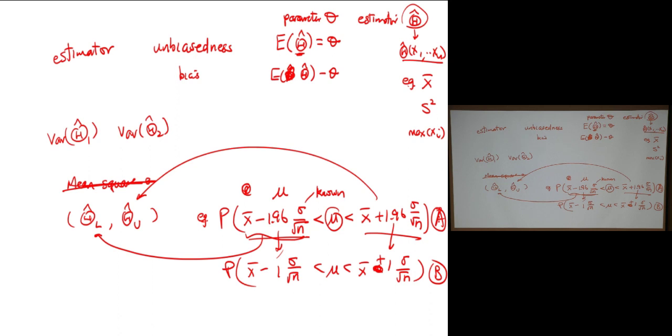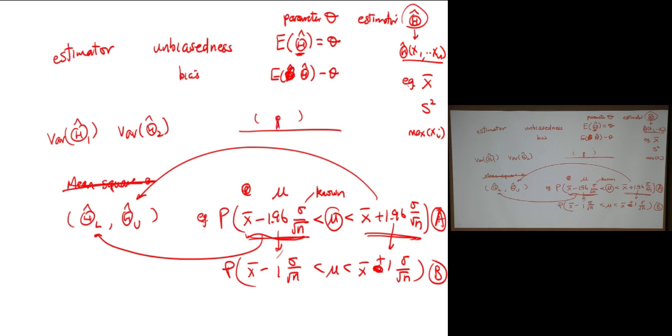What is the length of this random interval? This upper limit minus this lower limit is the length of interval A. Is the width fixed? Yes. Is it random? No. Why is that so? I thought I said this is a random interval. Basically, because the x bar cancels out. The interval depends on what your x bar is, so it may be here because your x bar is here.